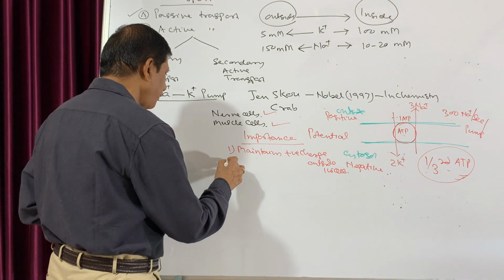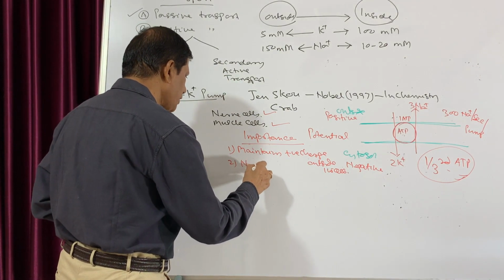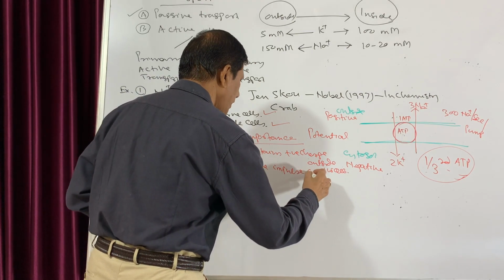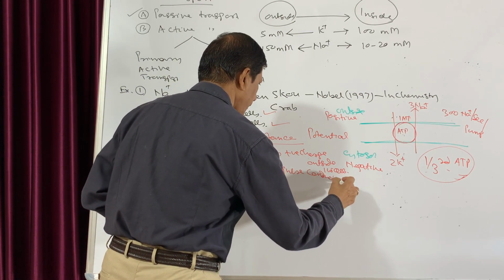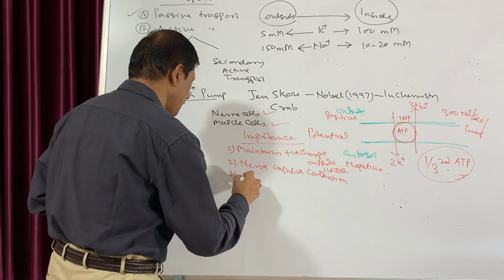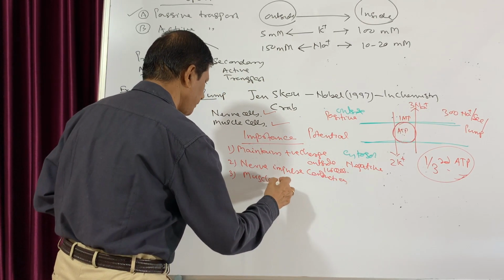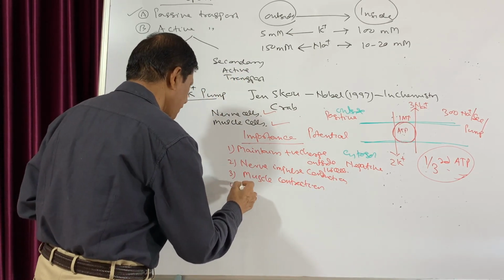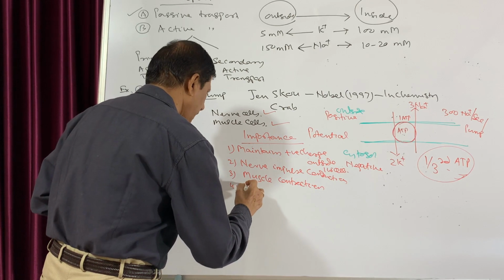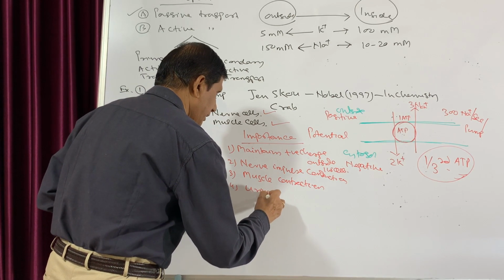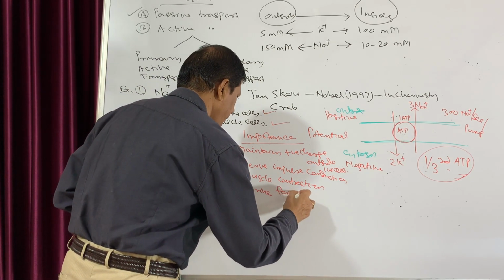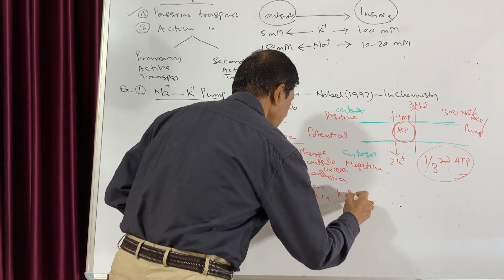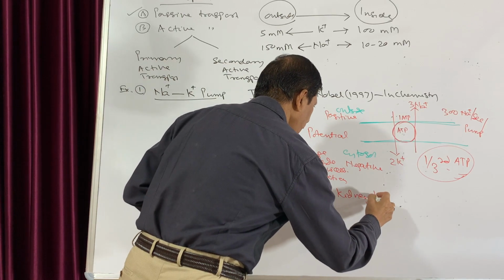Then this is important for nerve impulse conduction. The third point is muscle contraction. The fourth importance is urine formation in kidney tubules.